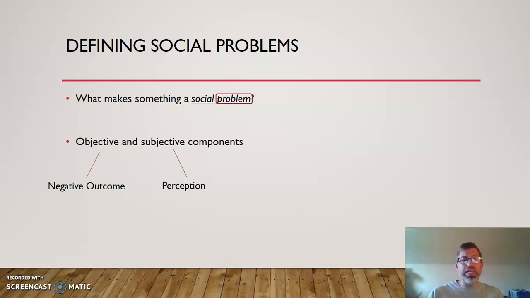Now, in one sense, you may really want to focus on the objective component and say, no, what really matters here is the negative outcome that is induced by this particular form of social organization. And I think that's totally reasonable. But when we think about how people politically mobilize and organize around that negative outcome, now we're thinking about them as perceiving and defining it as a problem.